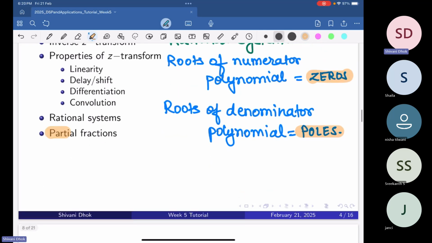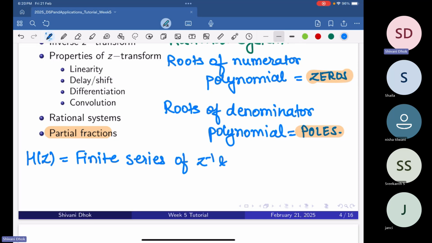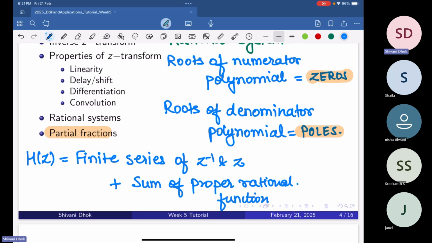So we try to write this H of z as a finite series of z inverse and z plus a sum of proper fractions, proper rational functions. By a proper rational function we mean that the degree of the numerator polynomial is less than the degree of the denominator polynomial.